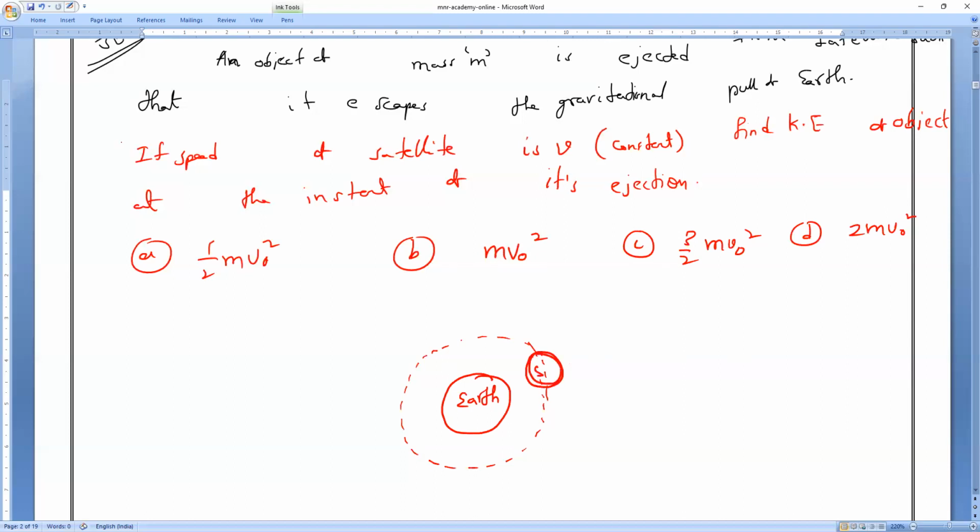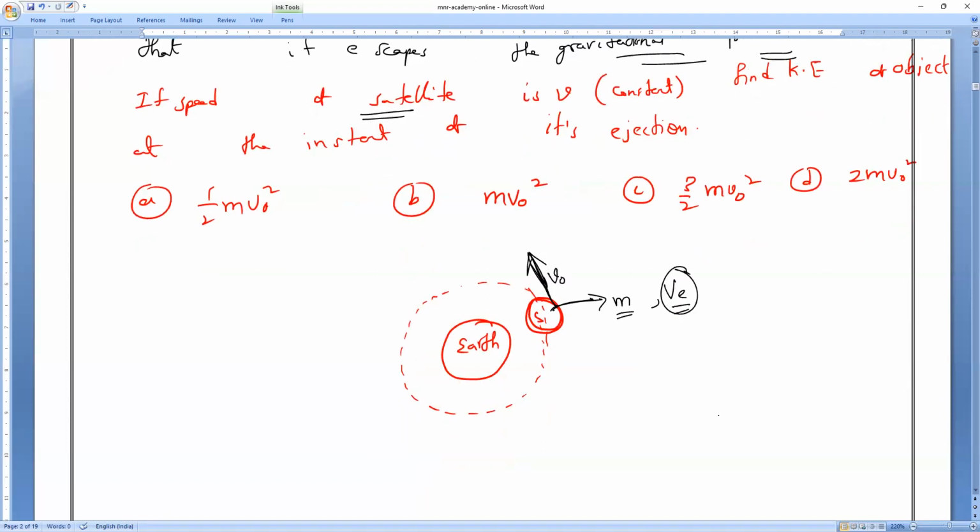From that satellite, which is revolving with v naught velocity, some mass m has been thrown out with the escape velocity v. So if it is thrown from the satellite, it escapes the gravitational pull of the Earth. Then they are asking to calculate this. Are you clear, everybody?